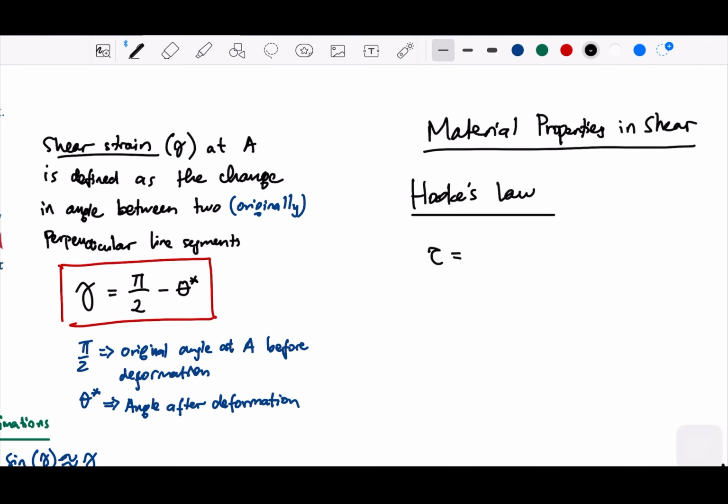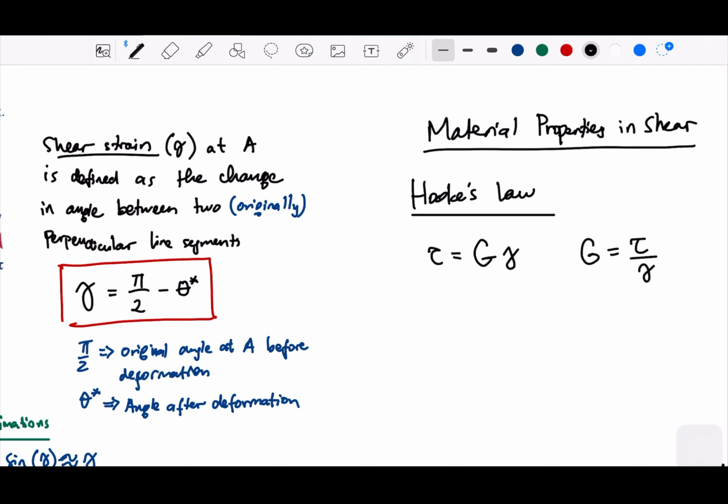The shear stress equals the modulus multiplied by the strain. This can also be written as G equals the shear stress over the shear strain. G is the slope of the stress-strain curve.